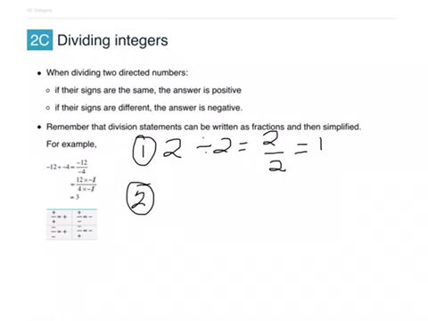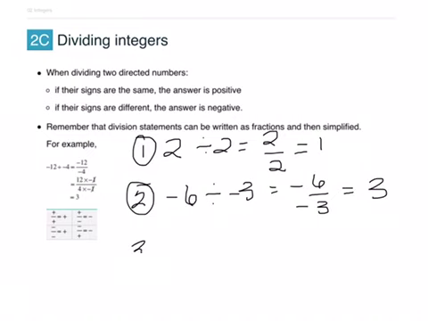Or if you have something like negative 6 divided by negative 3, you can write that as a fraction. We're dividing a negative number by a negative number, so our answer will be positive, and 6 divided by 3 is 3.